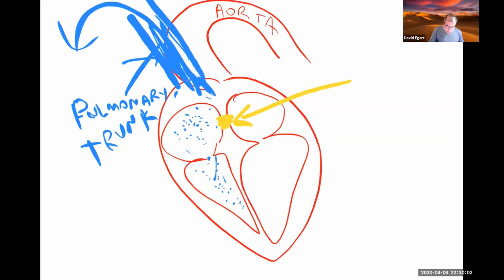There's basically a little hole. So the blood that's coming into the right atrium can just come across onto the left atrium and be back in systemic circulation. That little dude there is called the foramen ovale, and it interconnects the right and left atria.